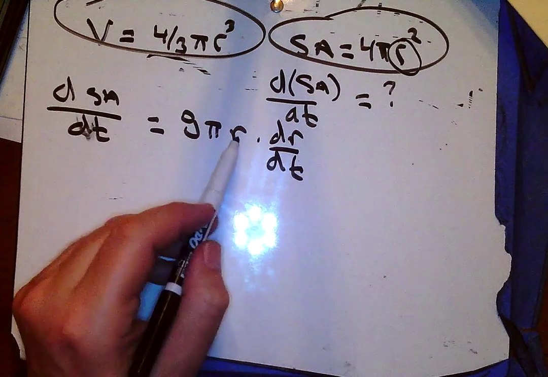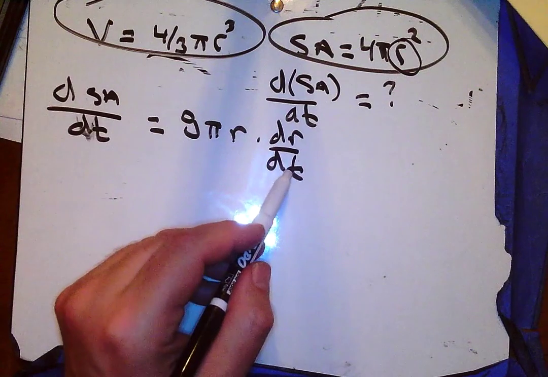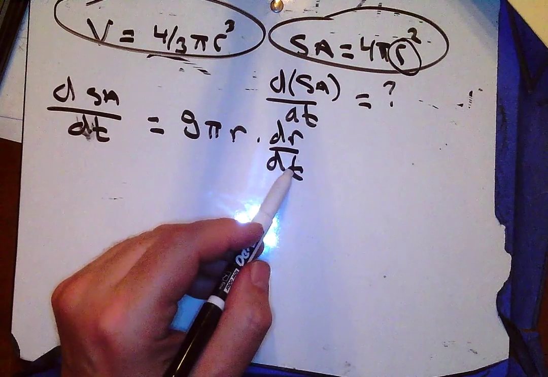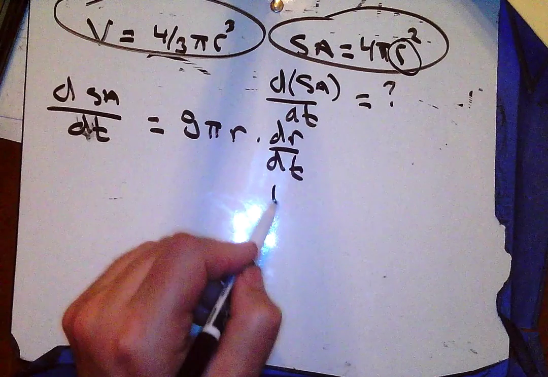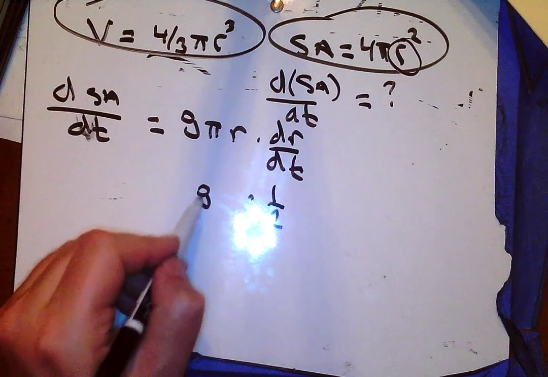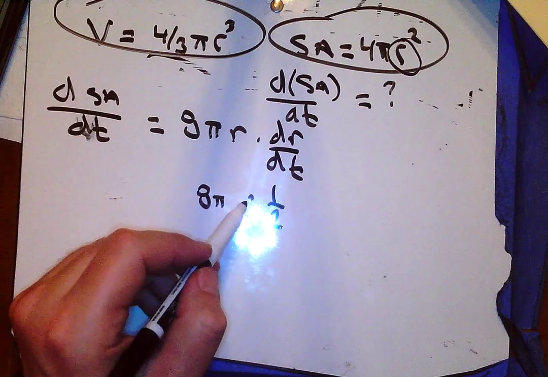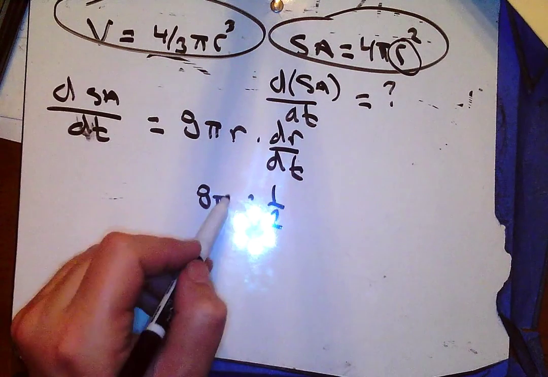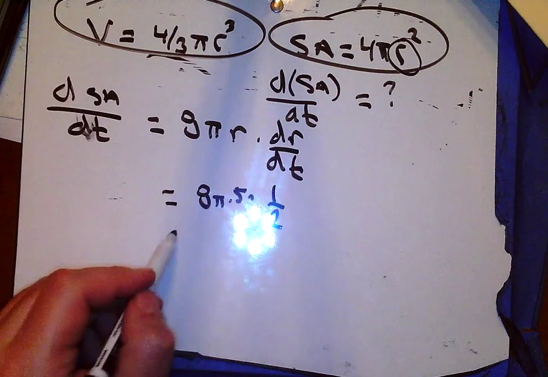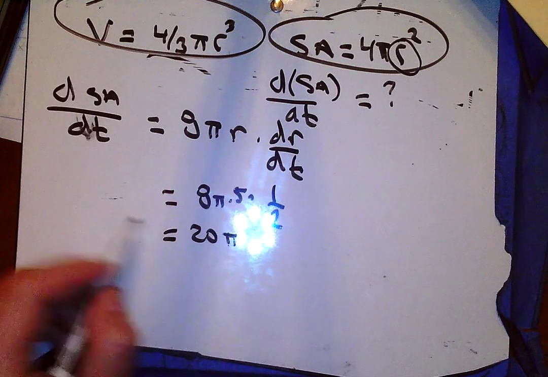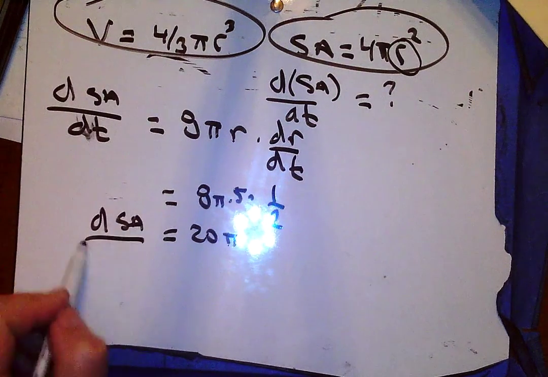Now, we should know this and this. Didn't we just solve for how fast the radius is increasing? We came up with 1/2 times 8 pi. And what about the radius? We were told that the radius is 5. And so I end up with 40 pi over 2, or 20 pi, is dSA/dt.